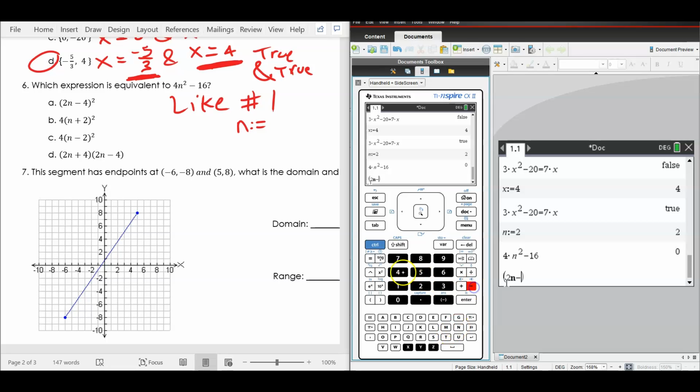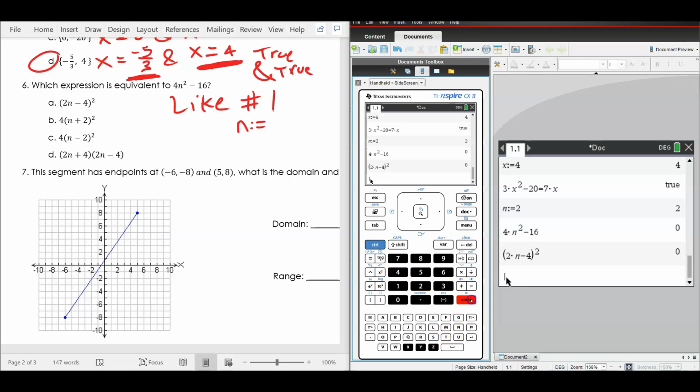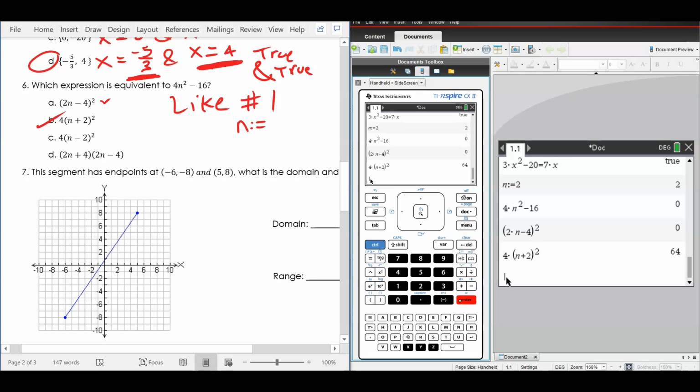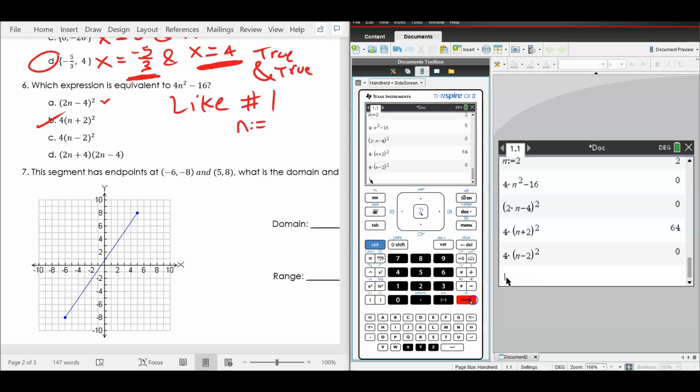2n minus 4 parentheses squared. That gave me 0. Let's try B. 4 parentheses n plus 2 parentheses squared. Nope. Let's try C. 4 parentheses n minus 2 parentheses squared.